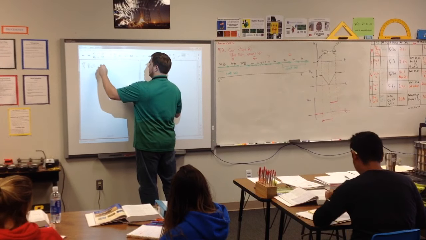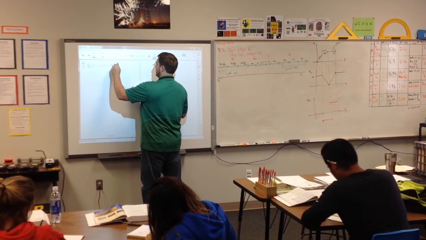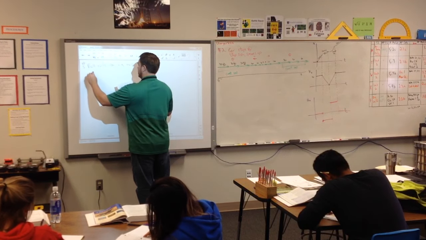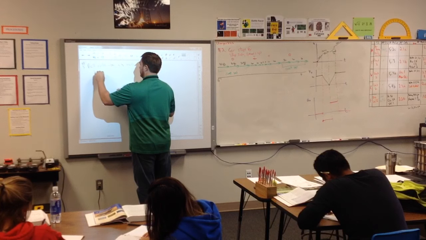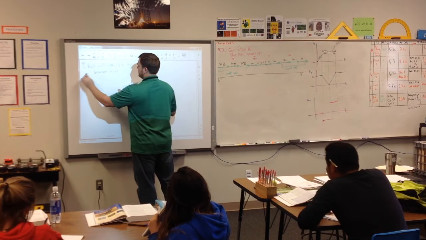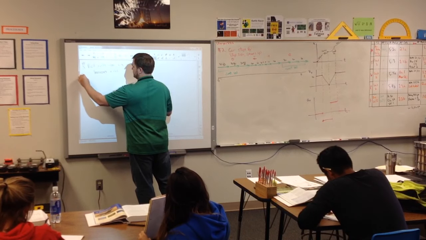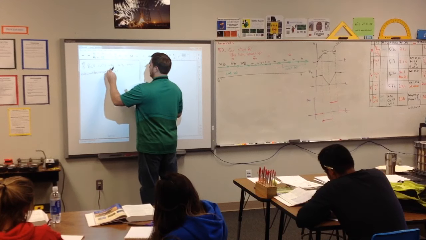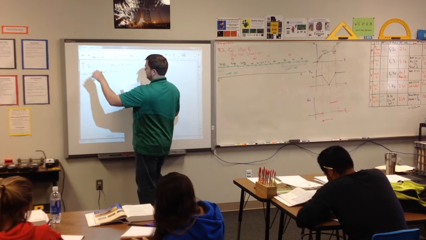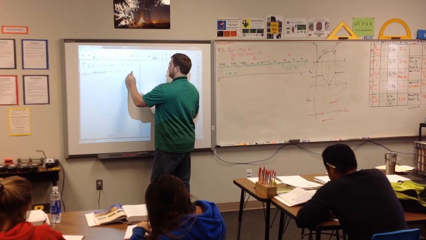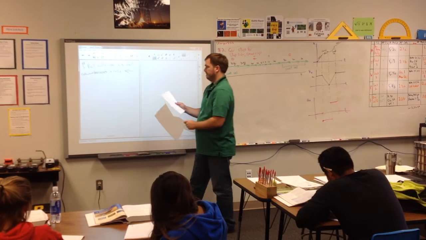Ball rolls to the right, hits the wall, rebounds, and rolls to the left. I don't want to say bounces because that may imply vertical motion.